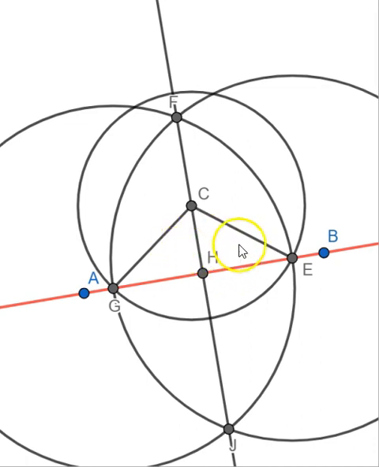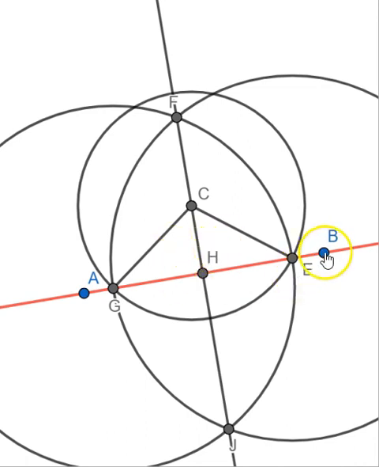Since these two triangles are congruent, CHG and EHC are both equal, and they are adjacent angles on the same straight line. A straight line angle is 180 degrees. If we equally divide that angle between these two, we get 90 degrees each. So not only have we constructed a perpendicular line to AB, but we have proved that it is actually perpendicular.